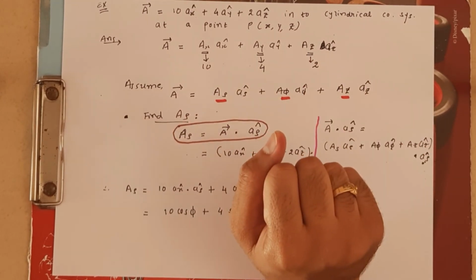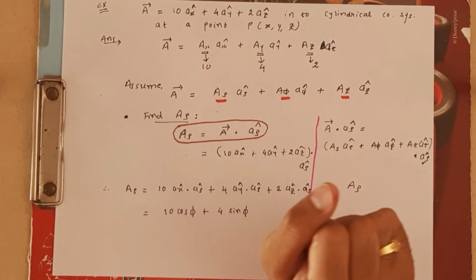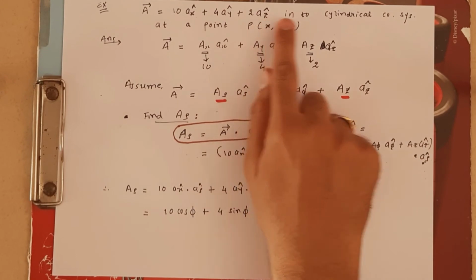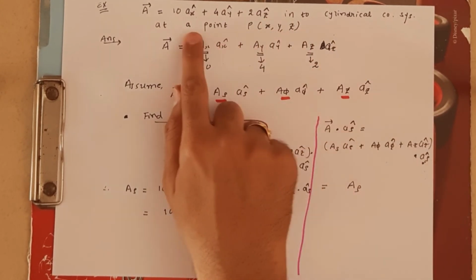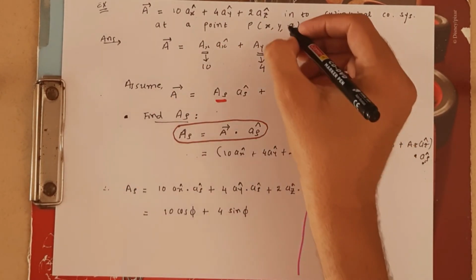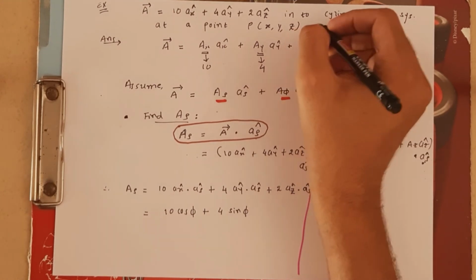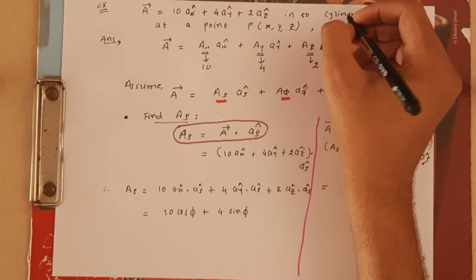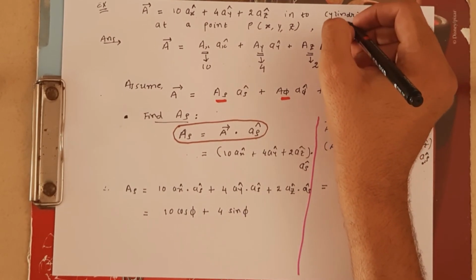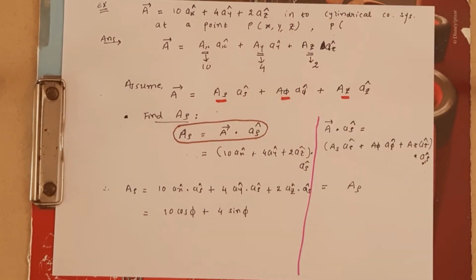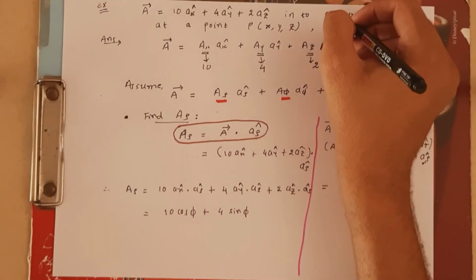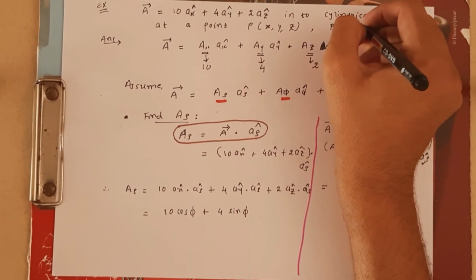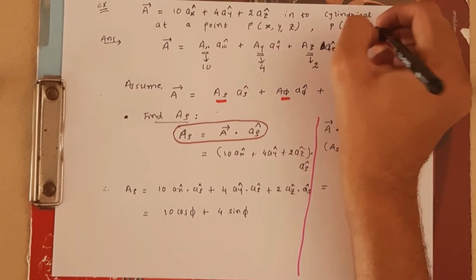Now suppose the same example may be asked in this way also. Convert this vector into cylindrical coordinate system at a point. Now the point is changed. The point is P of, you can take any point, the point P of 2, minus 3, 4.